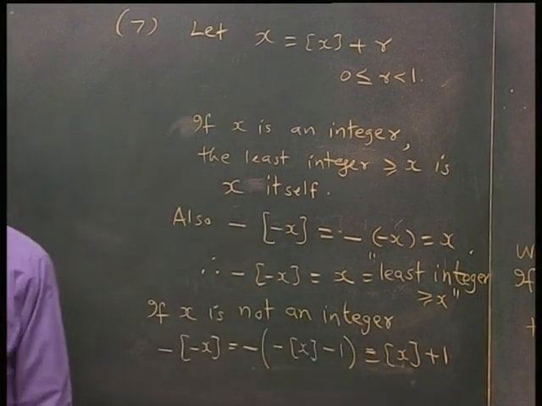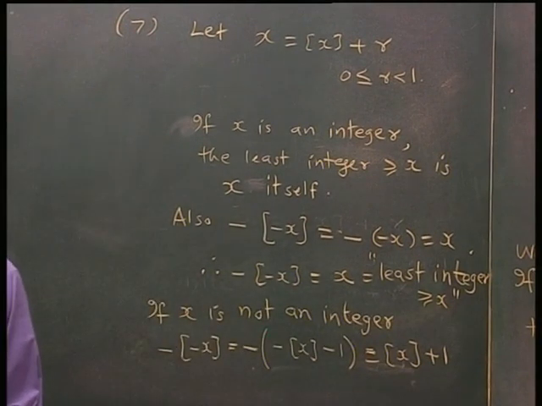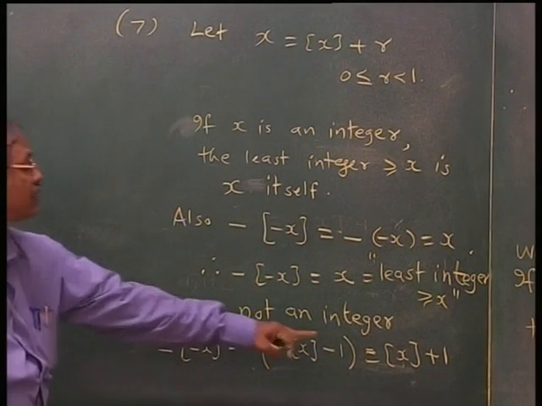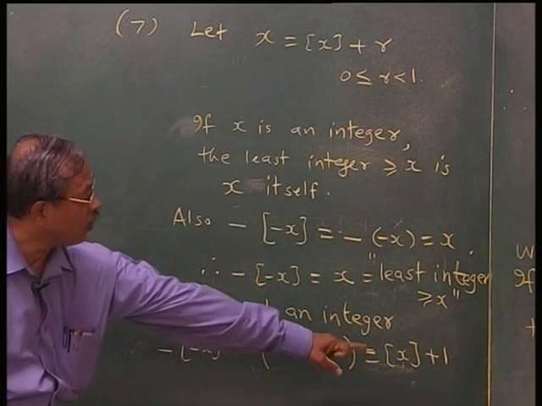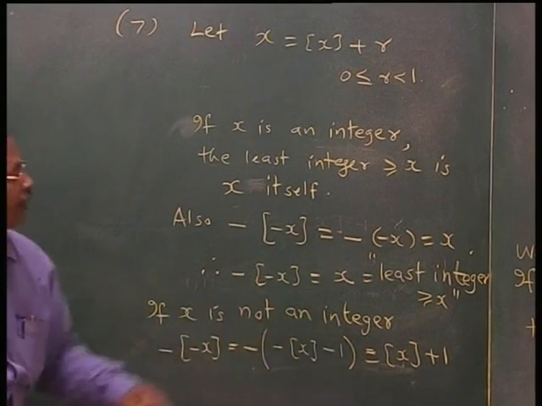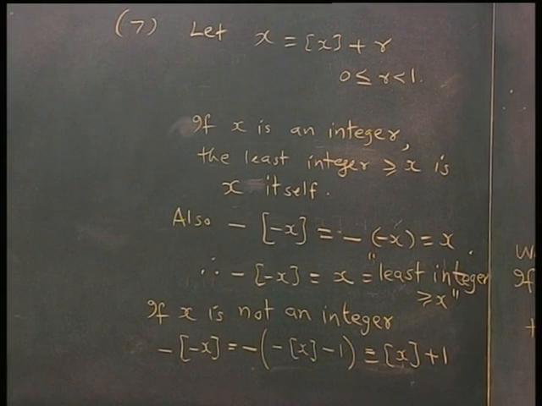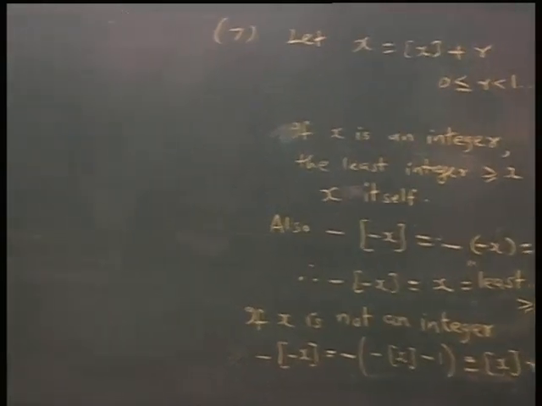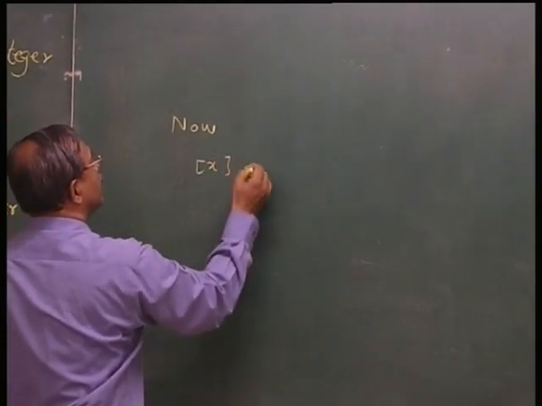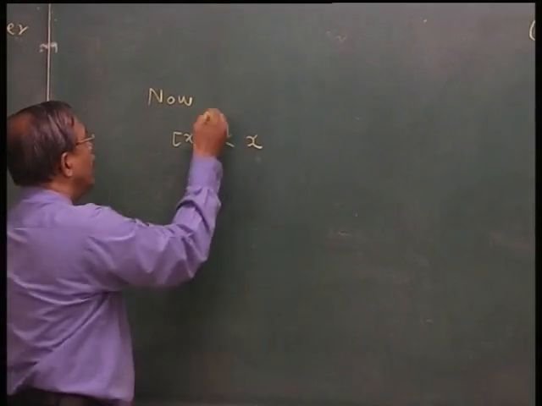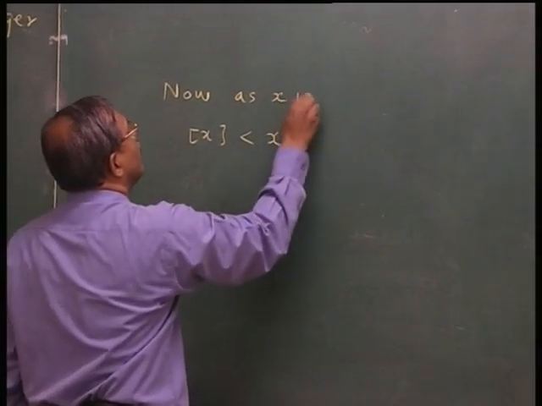But what is this number? Now you see that x is not an integer. So we have that this is the integer which is bigger than or equal to x, and it is the least integer bigger or equal x. Okay. So now integral part of x is strictly less than x because x is not an integer.